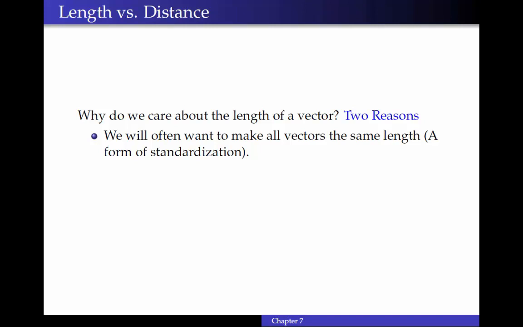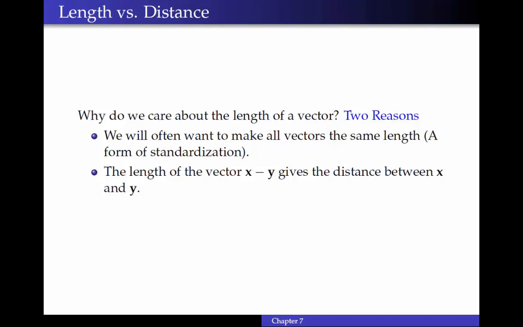We're going to want to do the same thing in data mining, but we're not necessarily talking about normally distributed variables, and we don't care about standardizing them completely. We just want to normalize all the vectors to make them the same length. So we have to know how long they are in order to equate their length.